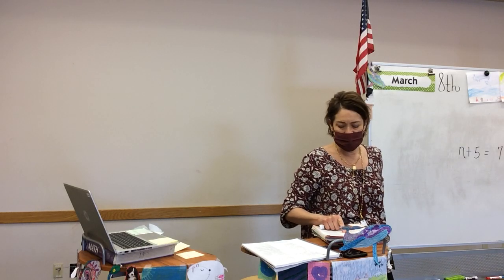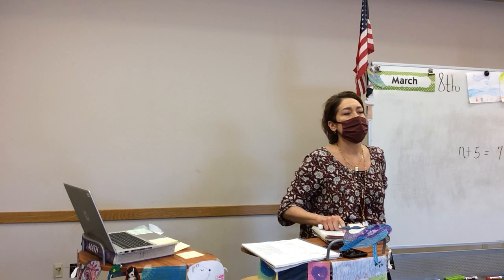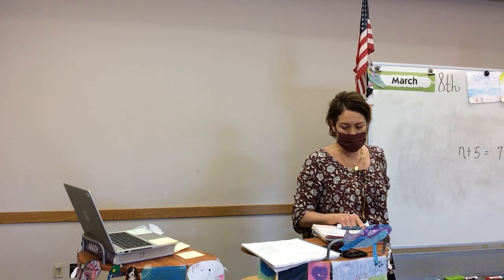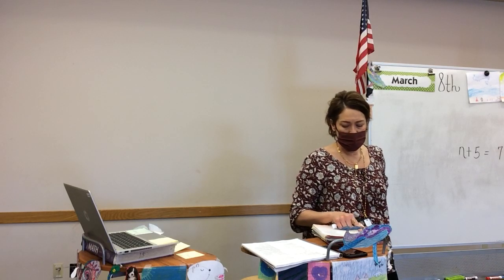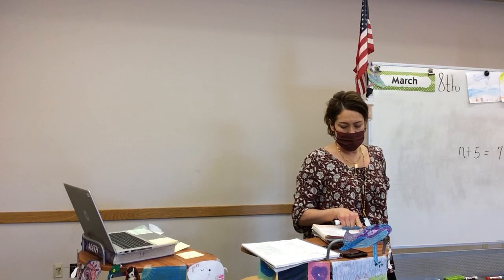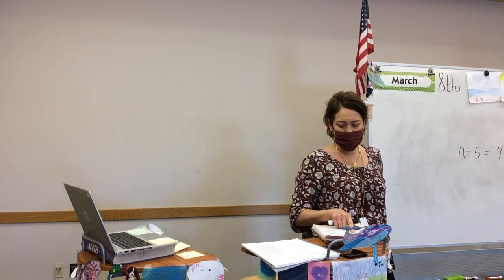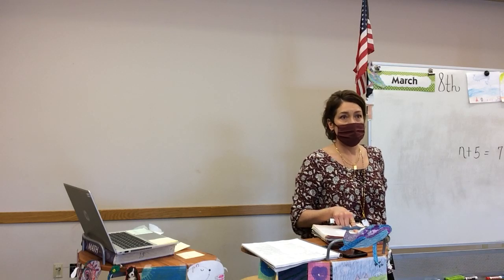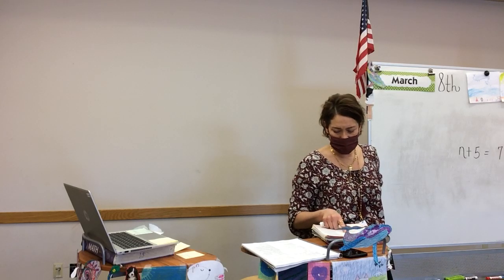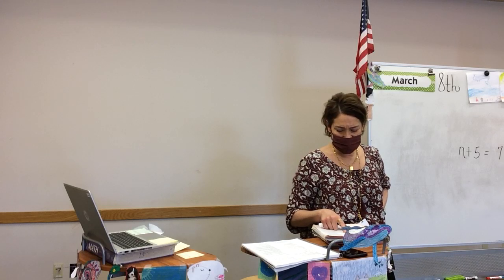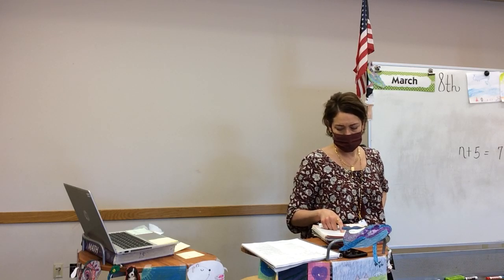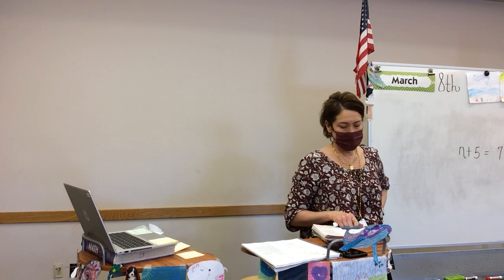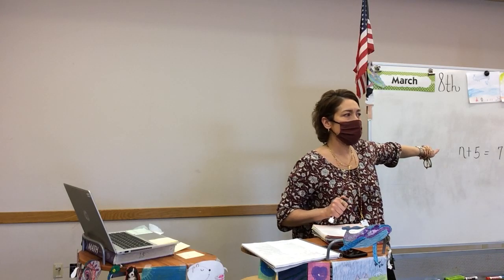How many pints equals 1 quart? 2. Very good. How many quarts equals 1 peck? 8. How many feet equals 1 mile? 5,280. Nice. How many pecks are in a bushel? 4. Very good.